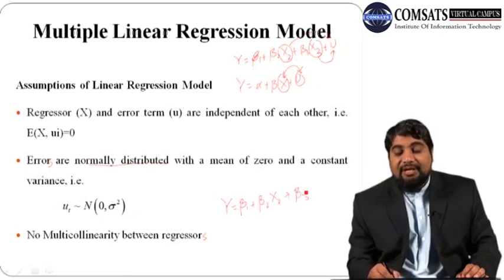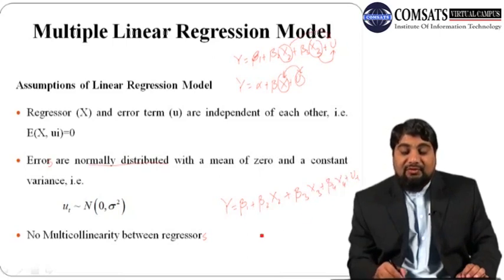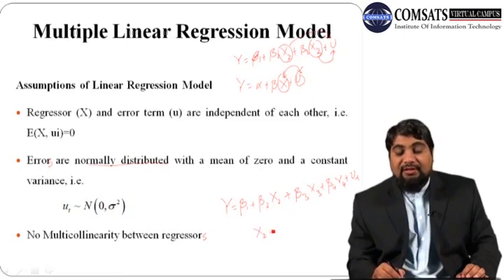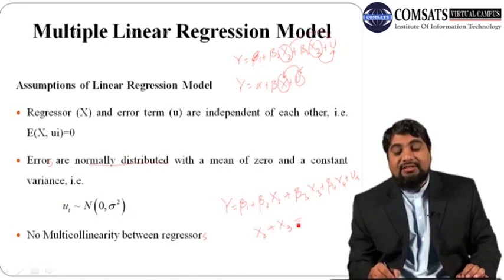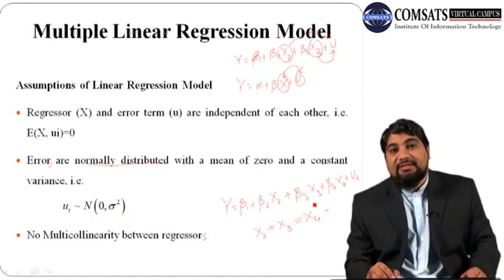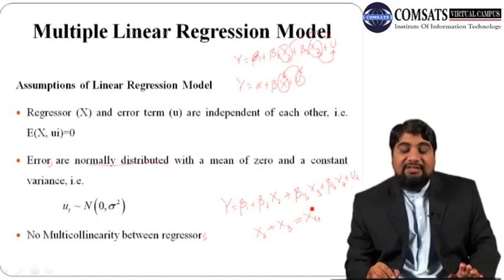So suppose we have 4 regressors in our regression model. So if the sum of x2 and x3, these two regressors, is equal to the 4th regressor, then we say that there is a linear relationship between the regressors.